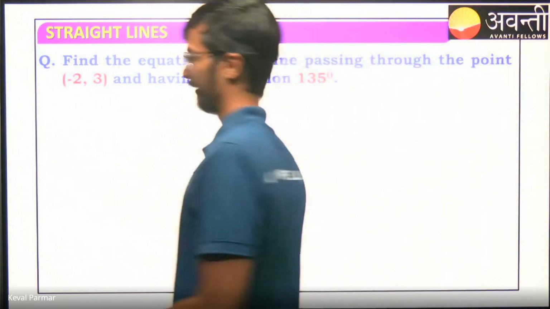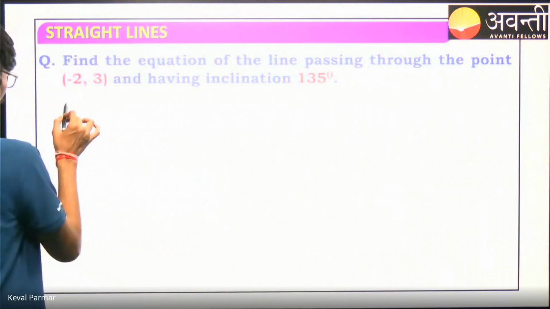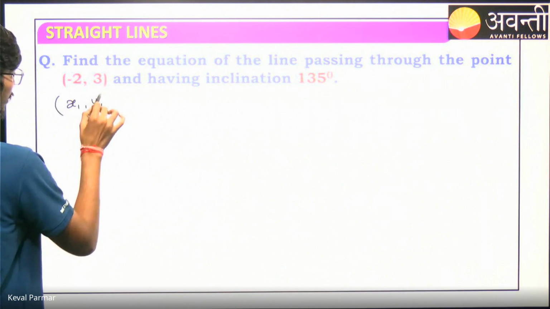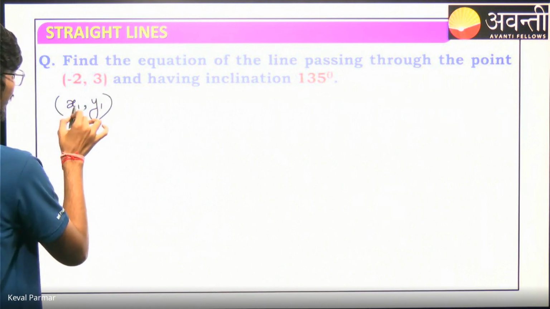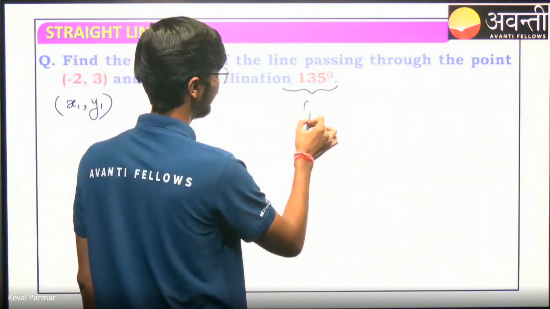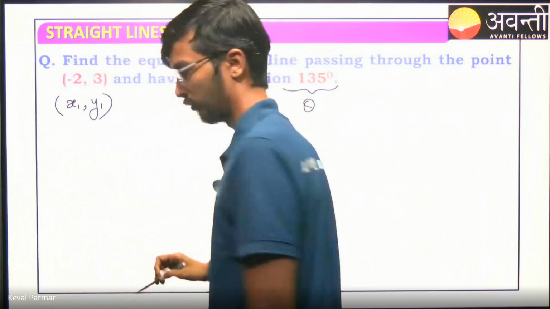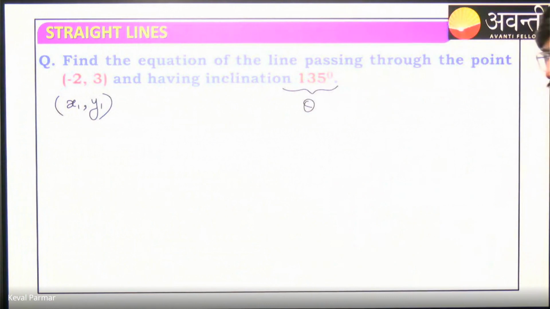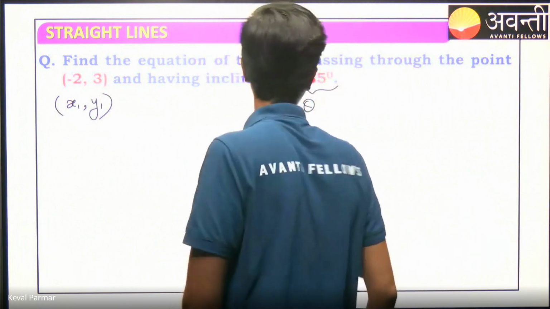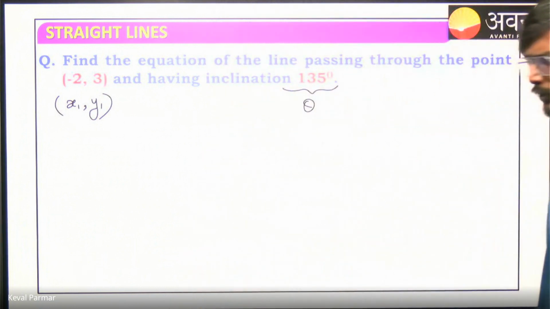Here we already have the point x1 and y1. So we are currently looking for the slope, and this is theta. So what is the slope? Slope will be equal to tan theta. So I guess what will be the answer?